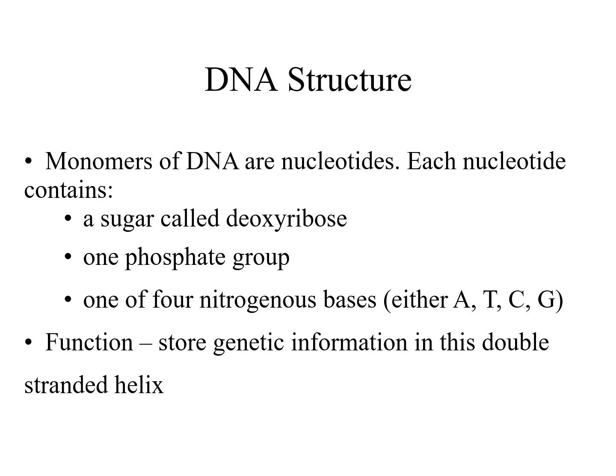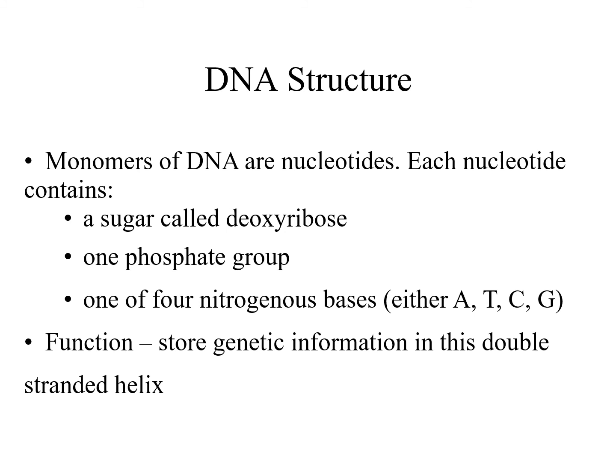G is guanine. So let's review. A is adenine. T is thymine. C is cytosine. And G is guanine. Okay, so each one of these nucleotides has a letter. And they form the rungs of the ladder.